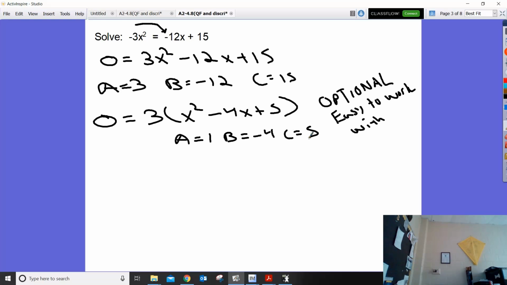Do you want the formula down in the class? There you go. You're really close to it. That's square root of negative 4.